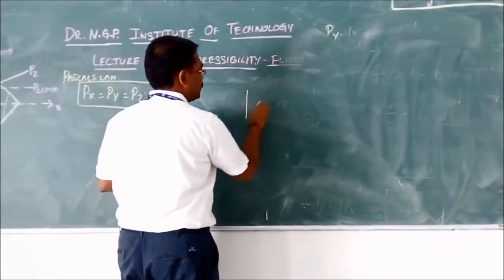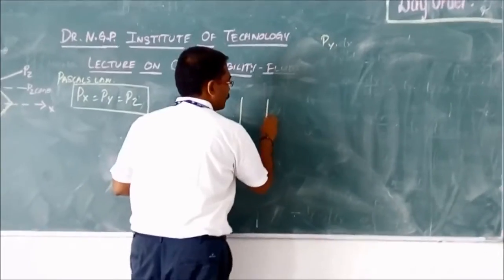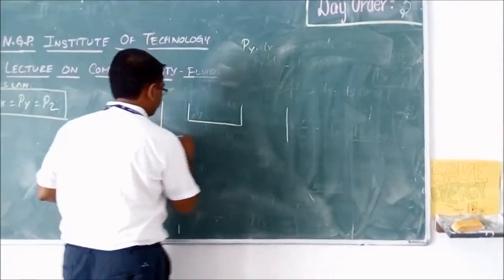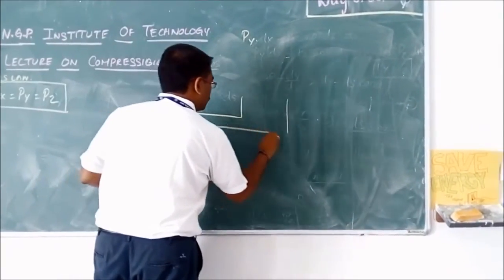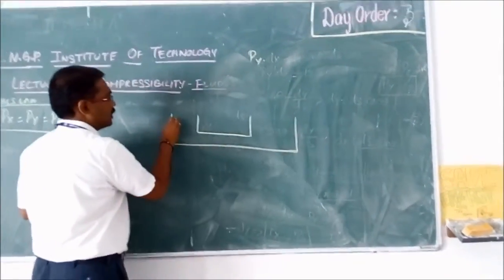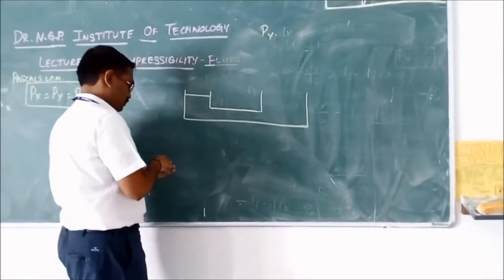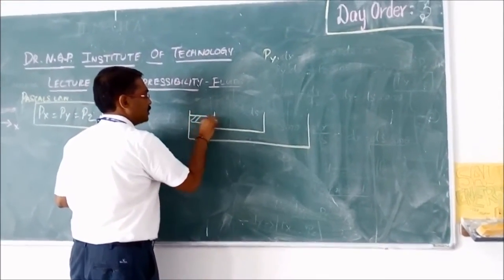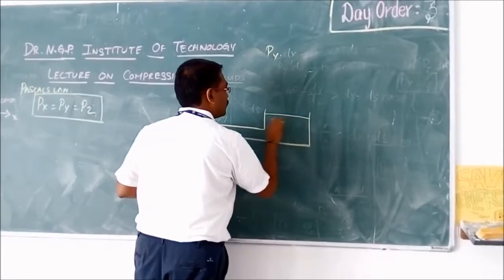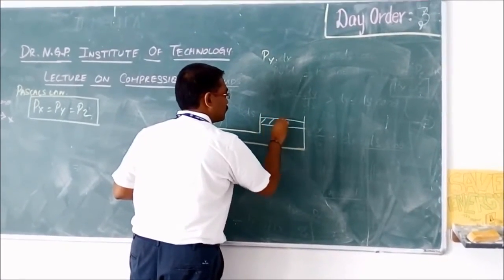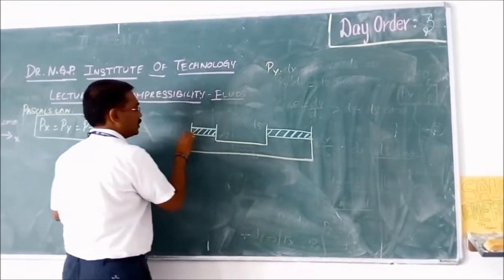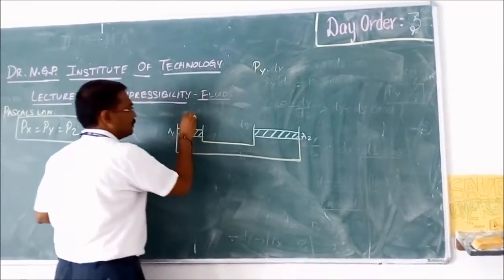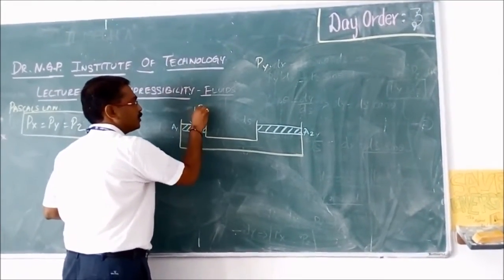Okay. So I am assuming a hydraulic lift here. I have this piston 1, piston 2. Okay, this is area A1 and this is area A2, and I apply a normal force F1.